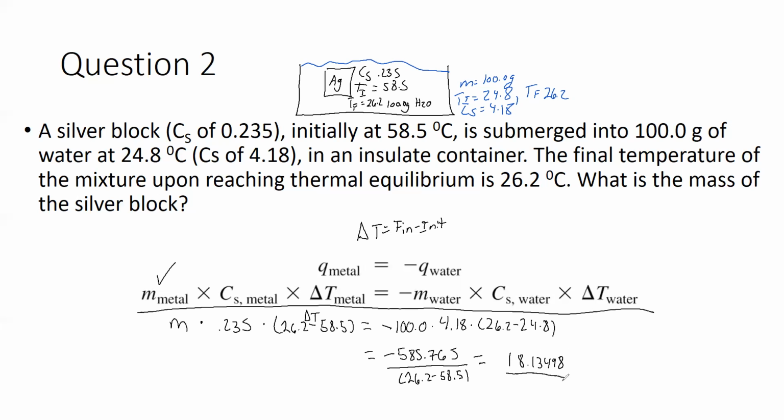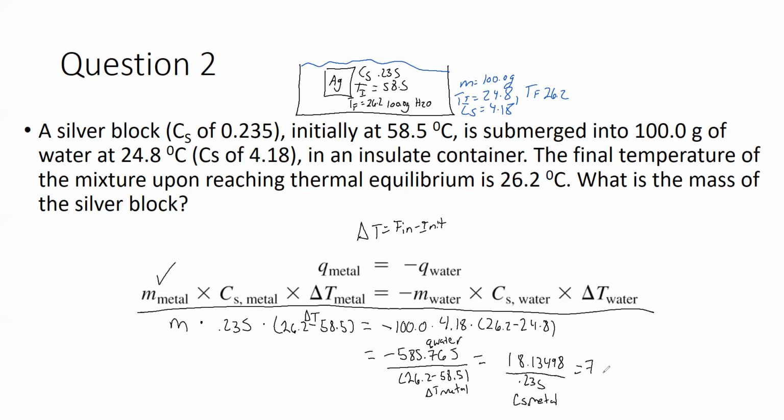Then you take this. So this is Q water divided by delta T metal. That's what I'm showing here. That sum, I'm taking and dividing it by CS metal, which is 0.235.